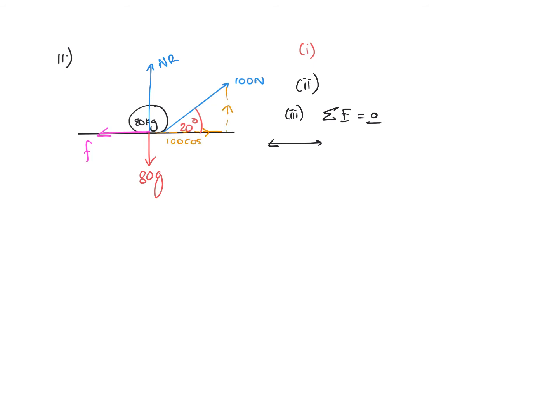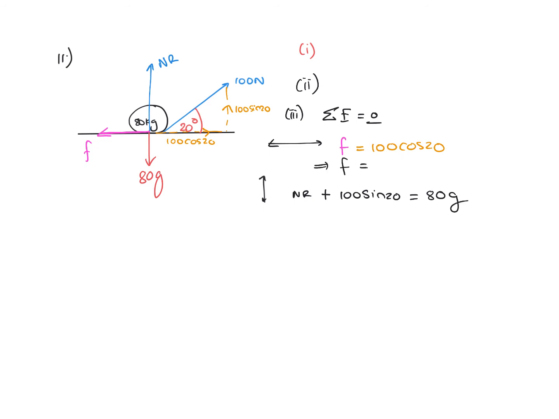So 100 cos 20, 100 sin 20 are the two components there. So we know that F is equal to 100 cos 20, balancing our horizontal forces. And vertically, we know that the normal reaction plus 100 sin 20 must be balanced by the mg acting downwards.